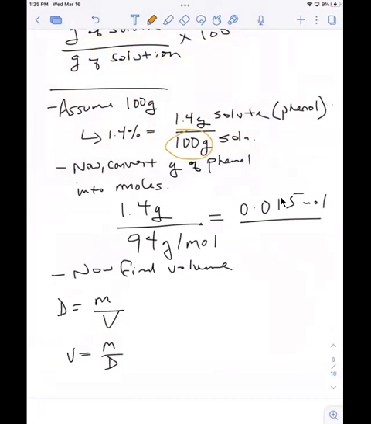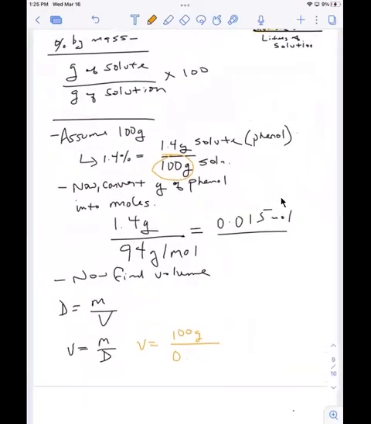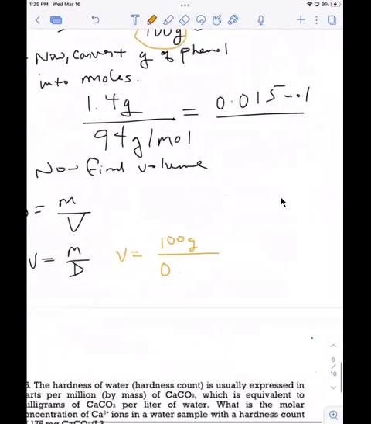So we assumed 100 grams of solution. So we're going to put that here. We're going to say that volume is the mass of the solution, which is 100 grams, divided by the density of the solution, which is 0.9956 grams per milliliter.